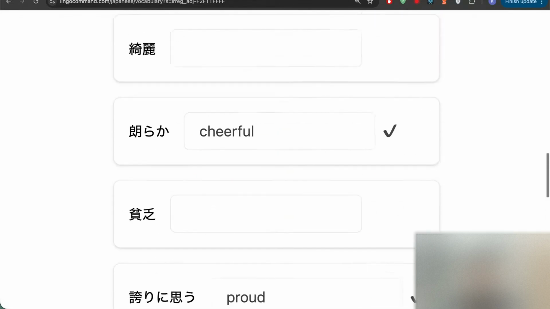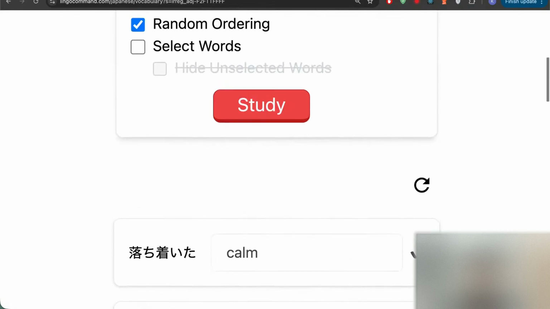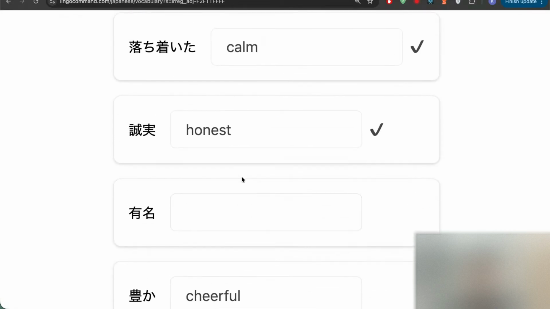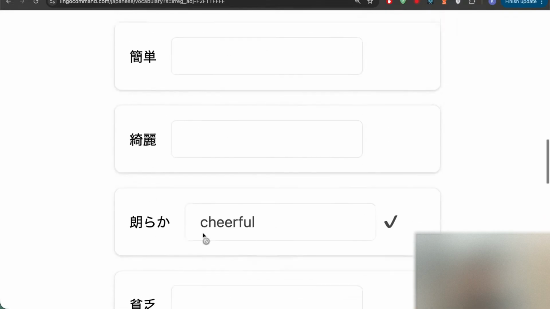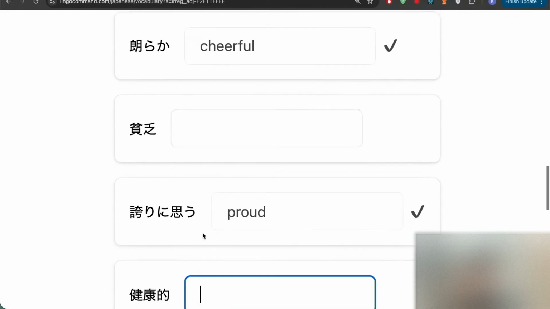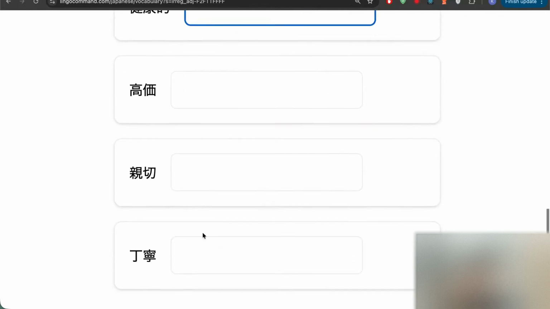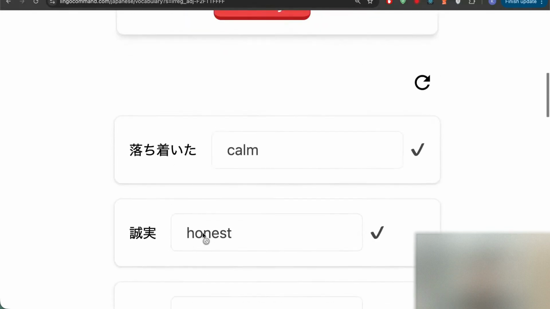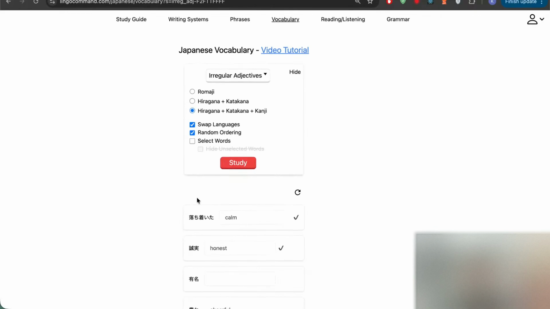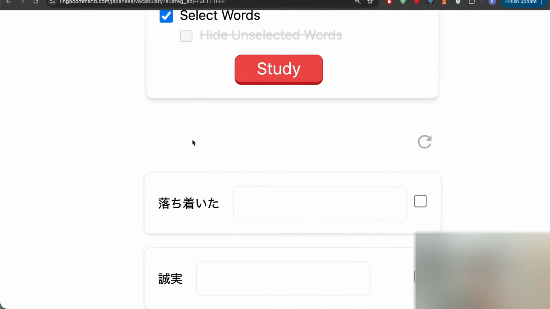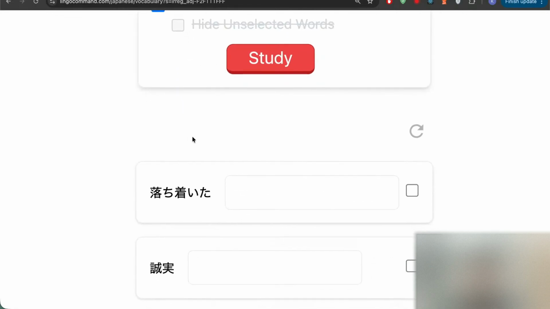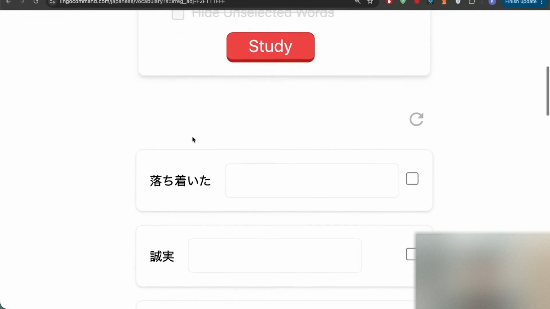So there's quite a few kanji here to learn. Why don't we know? Because the rest of them, there is no hiragana as hints. There's nothing to go off on. So what I like to do when I'm comfortable with a subset of the content is to select the words that I'm struggling with, because when you want to learn new content, there's no point going over and over content you already know.